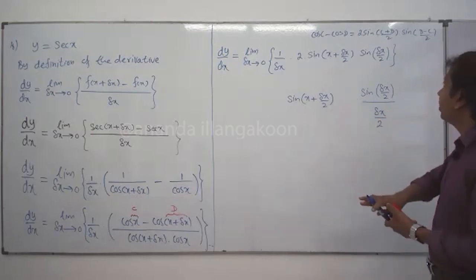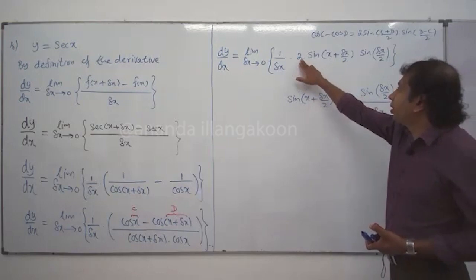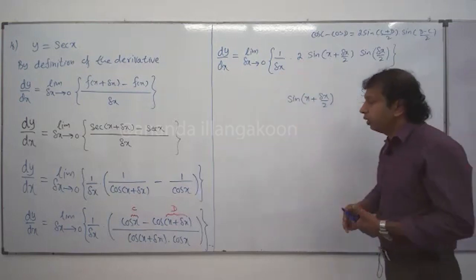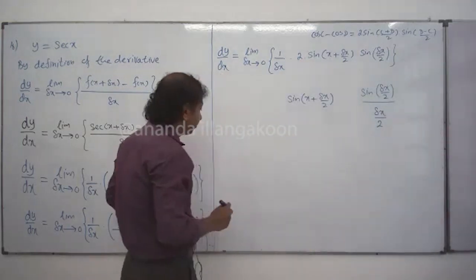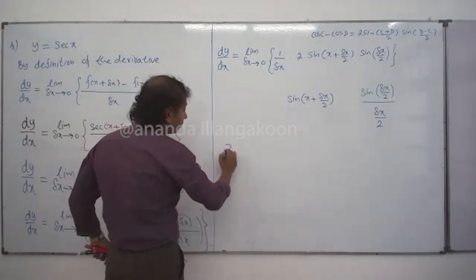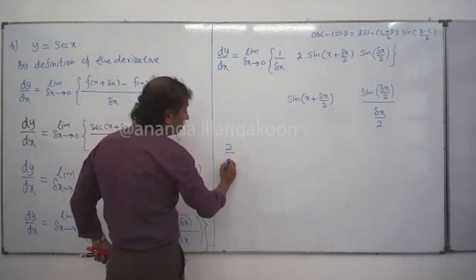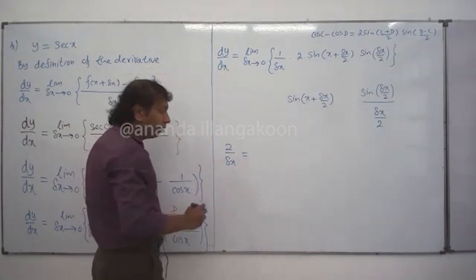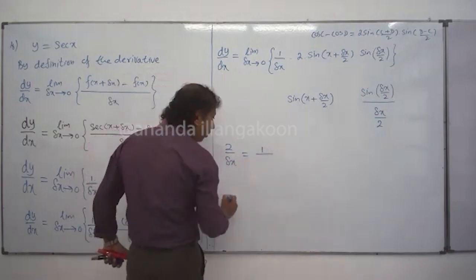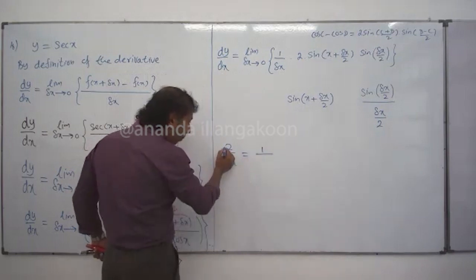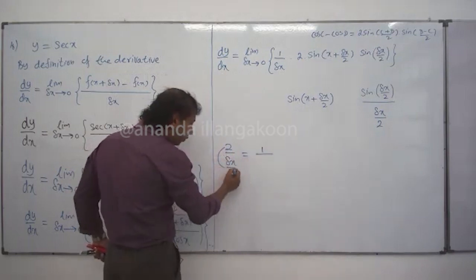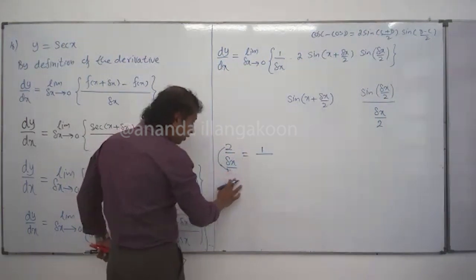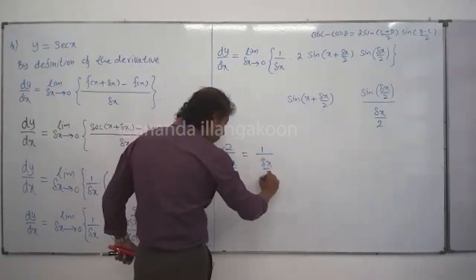So then finally, people, this 2 you can bring where? Here. So in other words, people, you can think this way also. Now 2 divided by something, delta x. This we can write, people, 1 upon, this 2 we can bring below this delta x, like this, delta x by 2.